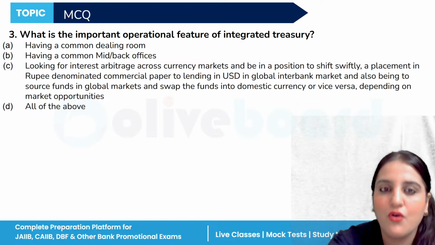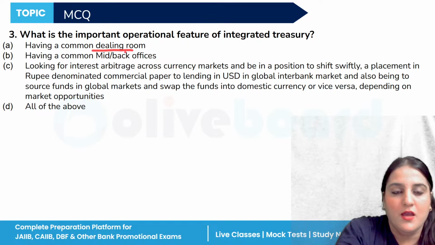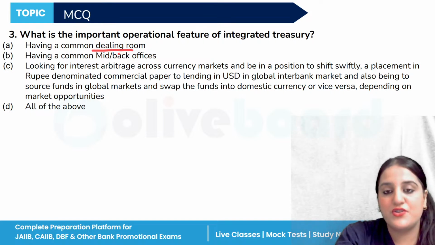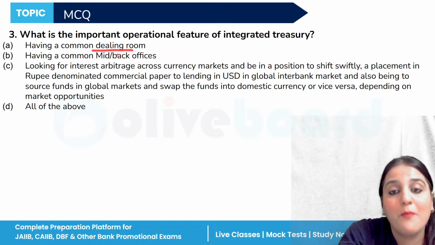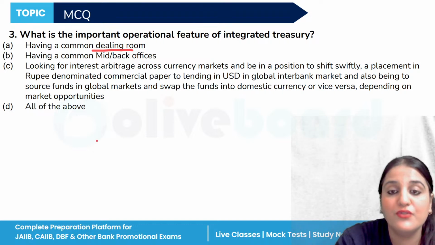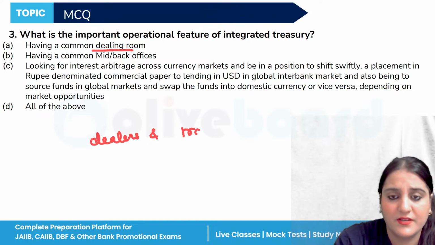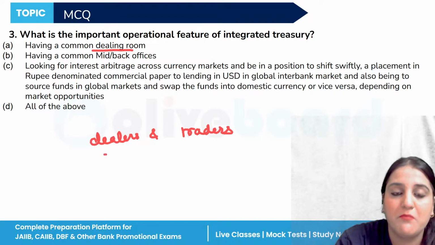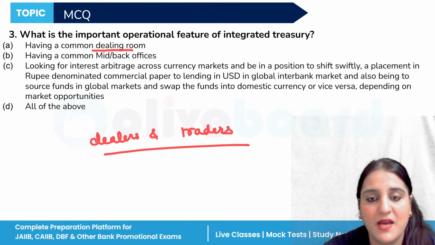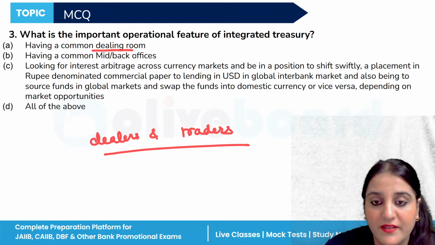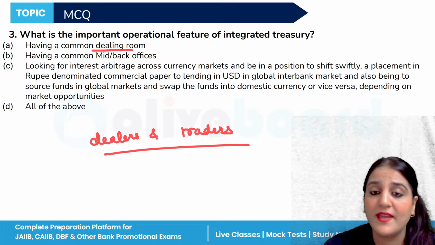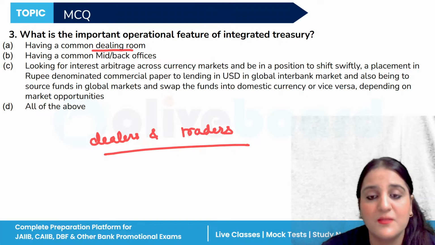Because having a common dealing room in the integrated treasury allows dealers and traders from the different markets, like money market, forex market and securities market, to work together in a single space.